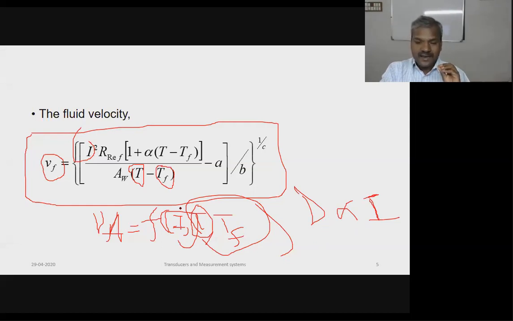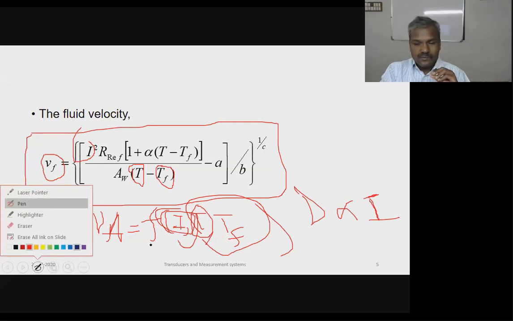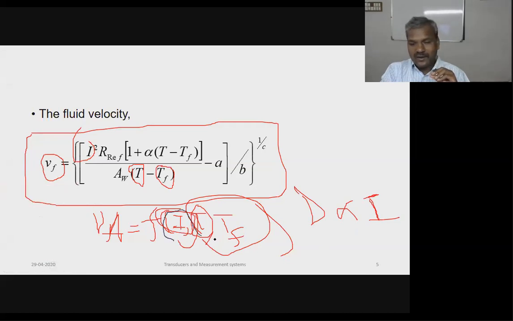Such a case is called constant temperature type of anemometer. If you maintain current and the fluid velocity as constant, then by measuring the temperature of the wire, that means the indirect measure is RT.